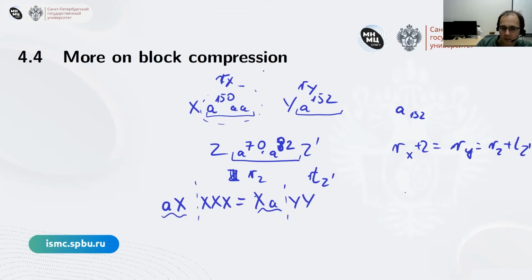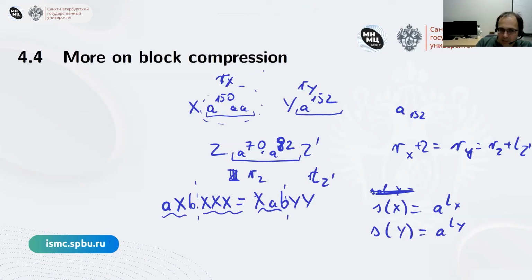The first one ensures that x contains only letters A. And the second says that if the substitution for x is A to Lx, and the substitution for y is A to Ly, then what only matters is that 3Lx equals 2Ly. So those lengths satisfy some constraints.